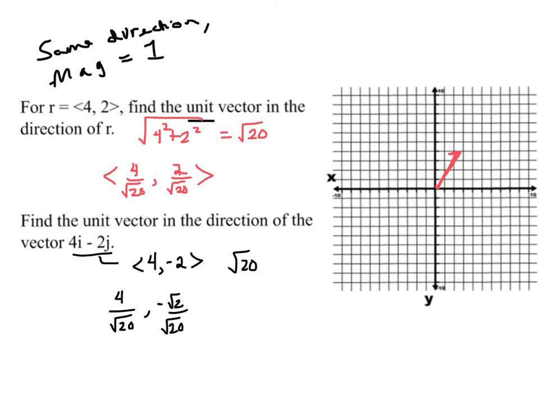Okay? So for a unit vector, find the length, and then divide each piece by that to figure out the vector that has the same direction but a magnitude of only 1.